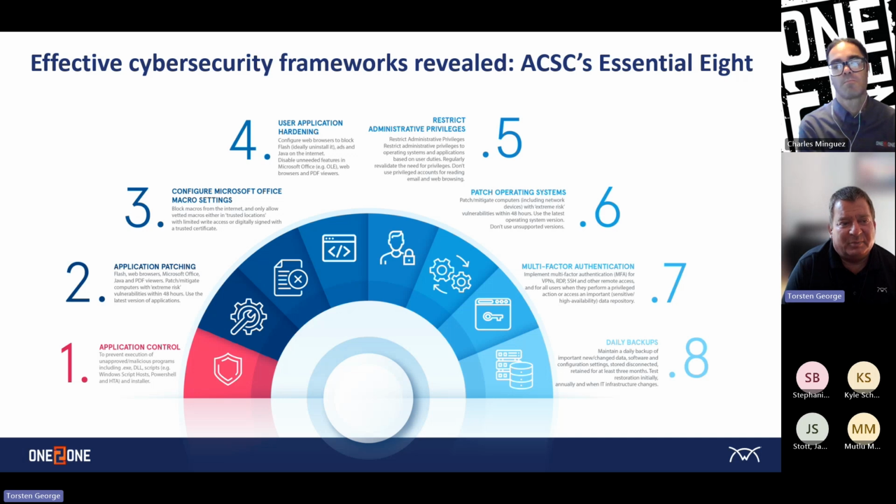Hackers don't want to spend much time. They want to get in and out as quickly as possible. If they have to spend days to figure out how to break in, they move on to the next victim. And so multi-factor authentication is a low-hanging fruit. And then daily backups. So here you have 8 things.